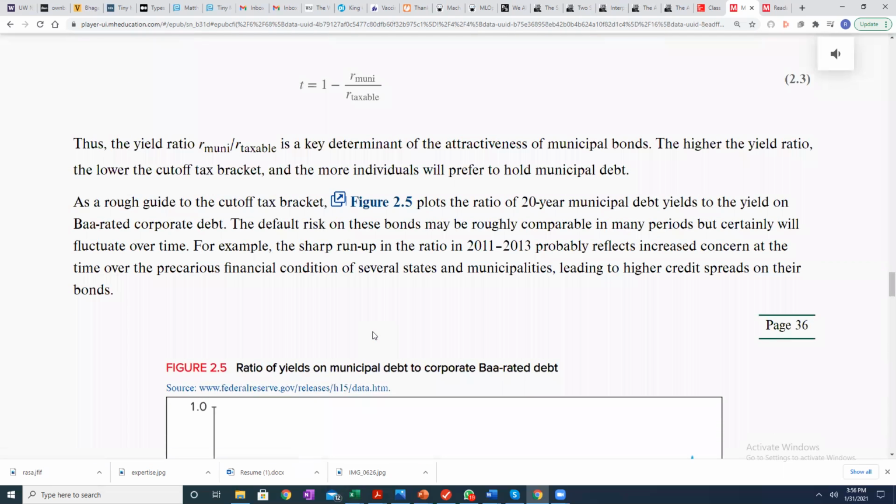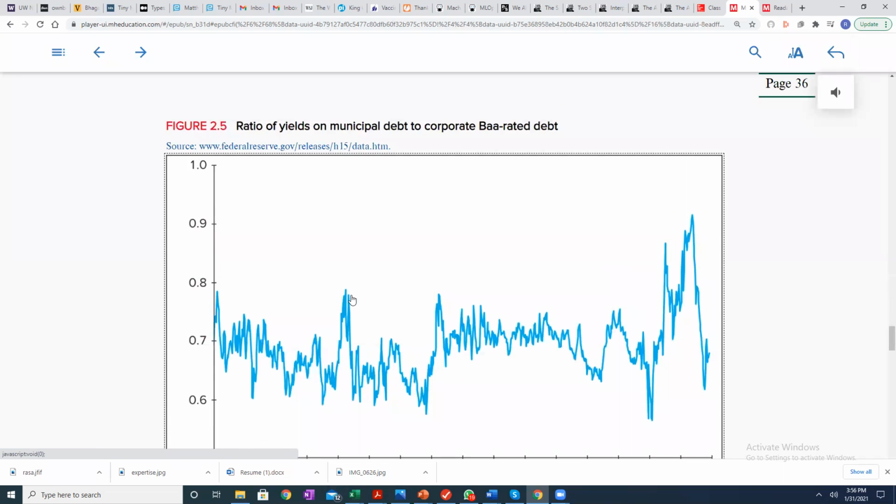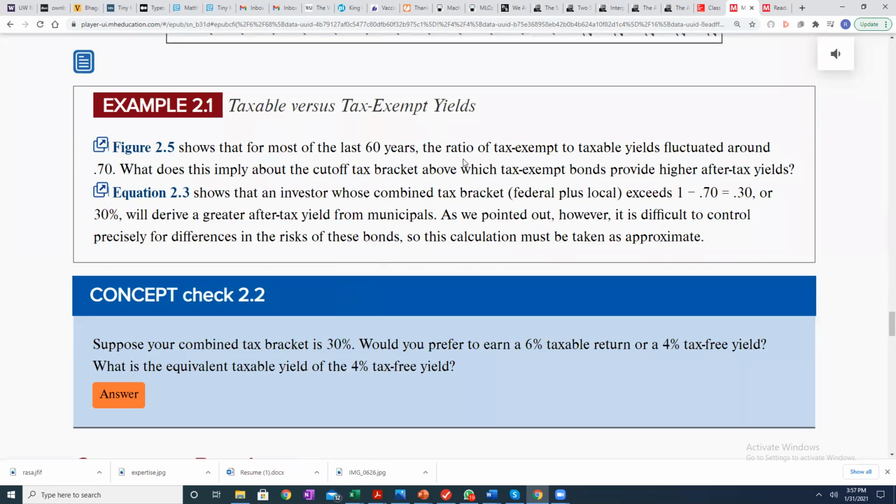The default risk on these bonds may be roughly comparable in many periods, but certainly will fluctuate over time. Ratio of yields on Muni debt to corporate BAA rated debt. For most of the last 60 years, the ratio of tax-exempt to taxable yields fluctuated around 0.7.